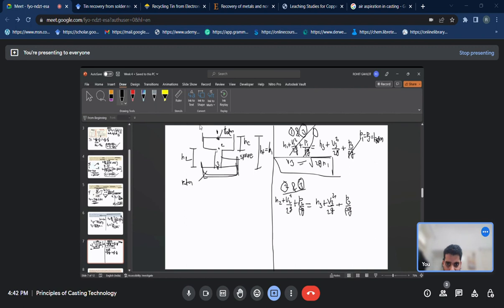If it is a straight sprue, then v2 will be equal to v3, as the diameter is the same, and these get equated. Then hc you can take as a datum, so it will be 0. What you will be left with is h2 plus p2 by rho g, which will be equal to p3 by rho g.